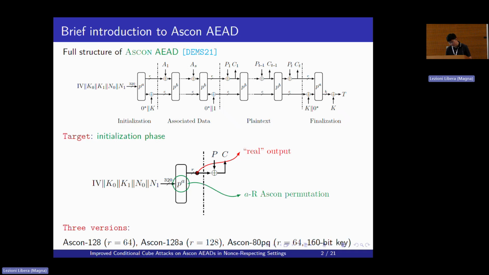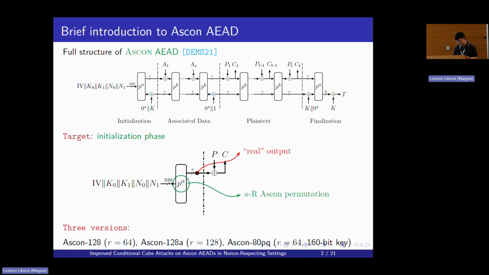For the output, we can omit the associated data phase and just access the encryption phase to use a P to get a C. Then we XOR them together to get the rate part of the output of the ASCON permutation.